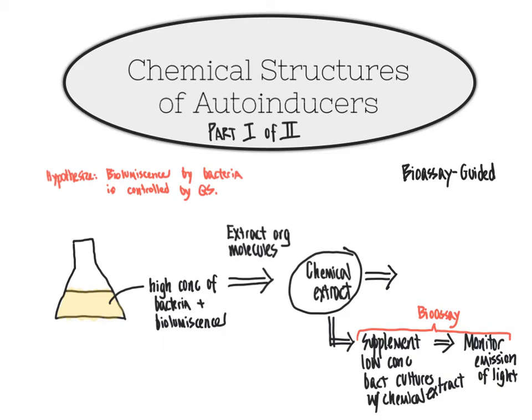So with the bioassay-guided fractionation, adding that term fractionation on there, what is done is that the chemical extract is separated into multiple fractions based on some physical property of the molecules that are contained within that chemical extract mixture.